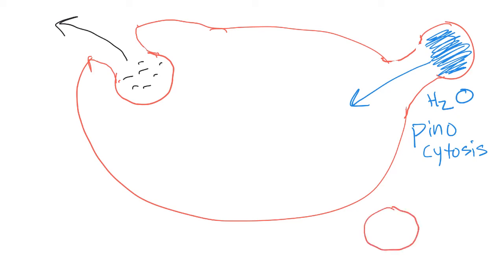And if it's an energy molecule, like some food of some sort, such as, let's say we've got a bunch of glucose molecules in here, then it's called phagocytosis.